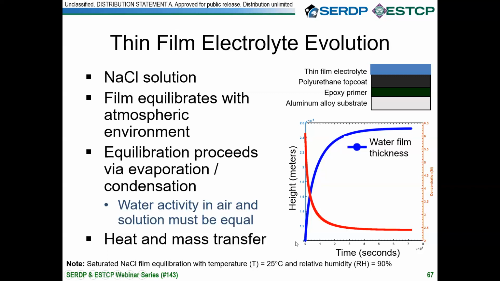So we're going to get additional condensation, and the water layer will grow as more water is added, which will decrease the chloride concentration down to a level where the liquid water is now in equilibrium with the water vapor in the air. That's going to have us much more water, and that water is now available to diffuse into the coating. Of course, chloride will go with it, but at a first approximation, we're just going to look at the water diffusion through the coating.